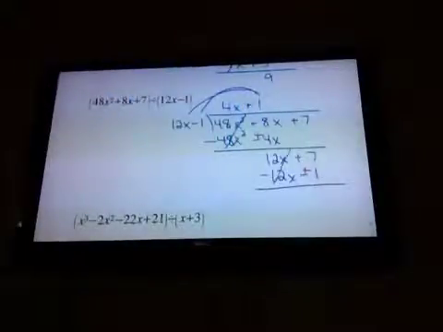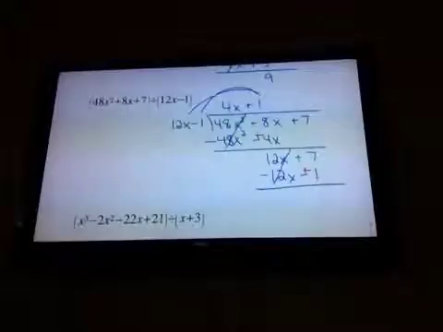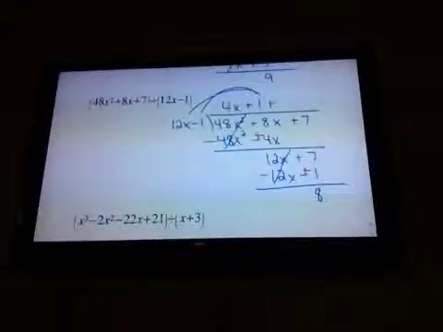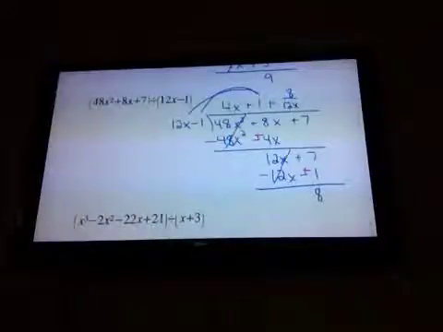So the first one cancels, as it always should. 7 plus 1 is 8, which is my remainder. And I write it as plus, it's important to have the sign there, 8 over 12x minus 1.